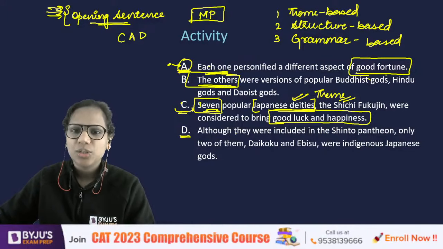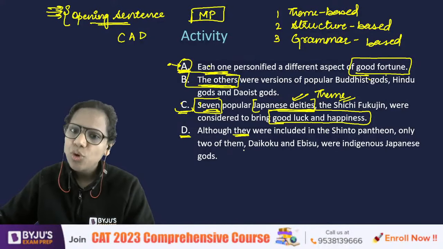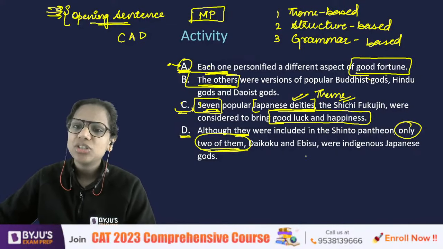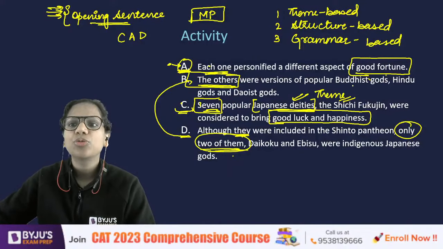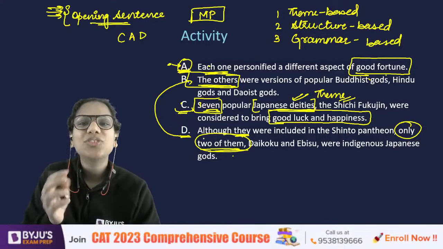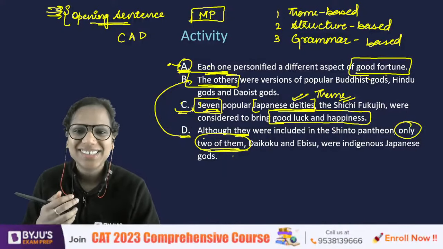Although they were included in the Shinto pantheon, only two of them, Daikoku and Ebisu, were indigenous Japanese gods. The others were versions of popular Buddhist gods, Hindu gods, and Taoist gods. That means we are saying only two of them were homegrown gods, right? The others were taken from various other religions.